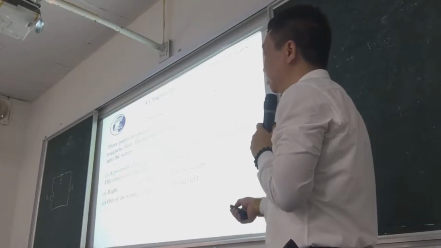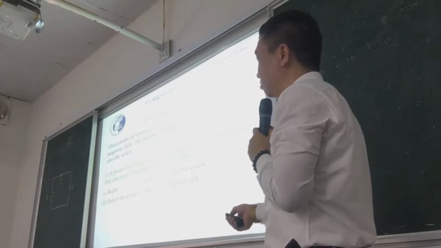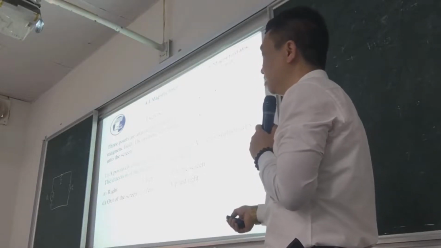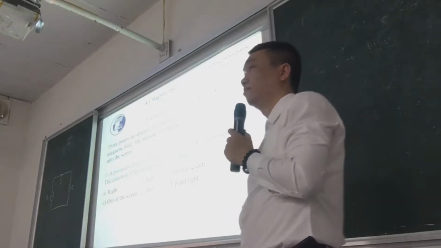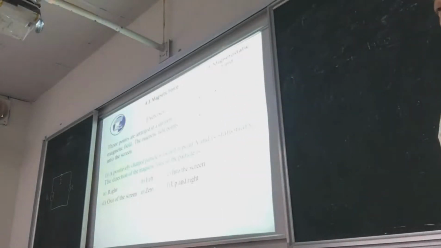Then the direction of the magnetic force on the particle is A, B, C, D, E, or F. You have 5 minutes, okay?